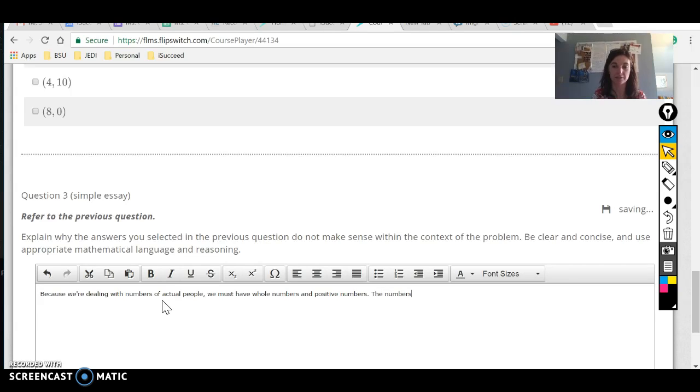The numbers I selected were partial or negative, so they didn't fit into the context of this scenario. And that's all you'd need to write.